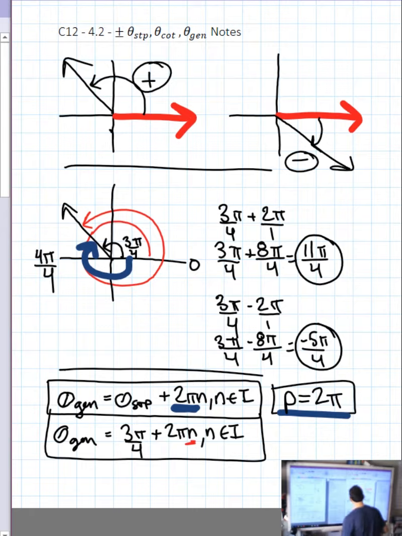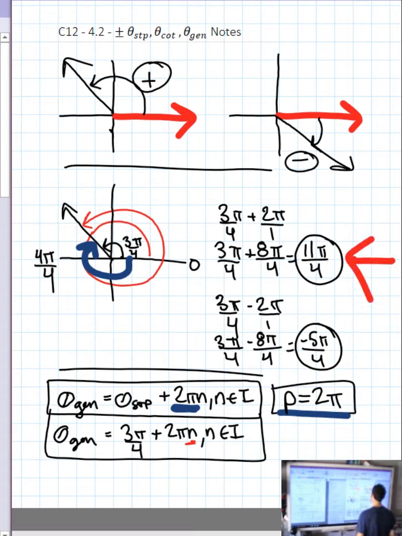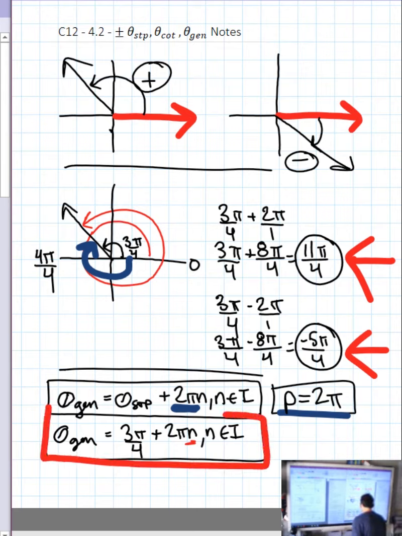If n is negative 1, another integer, 2 pi times negative 1 is negative 2 pi, and we're subtracting 2 pi. So when we added 2 pi, off to the right, we got our first answer. When we subtracted 2 pi, we got our other answer. And this general solution covers all of the answers.